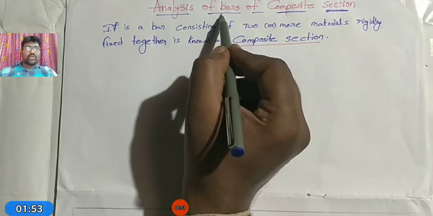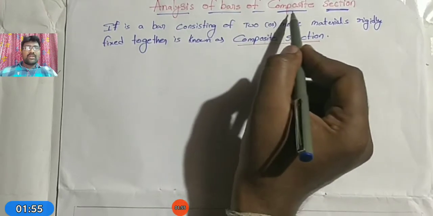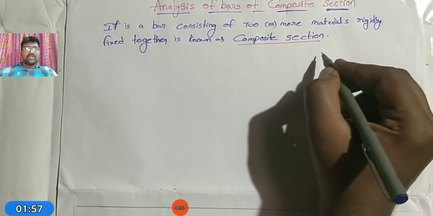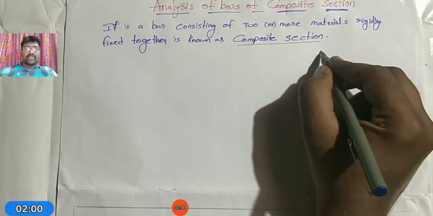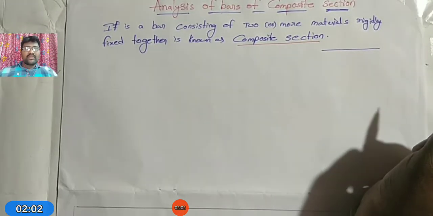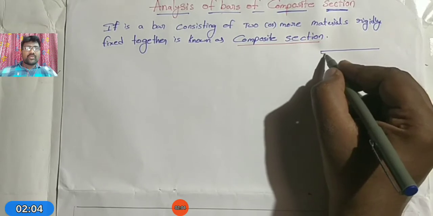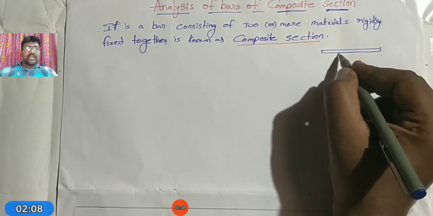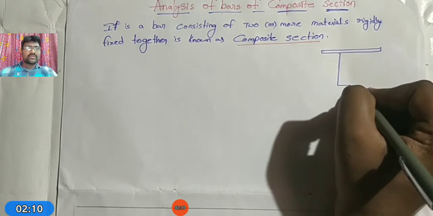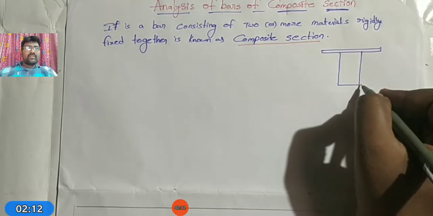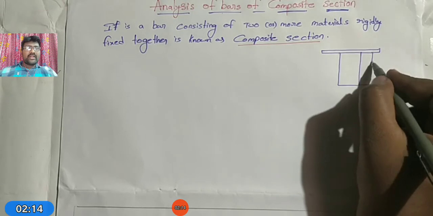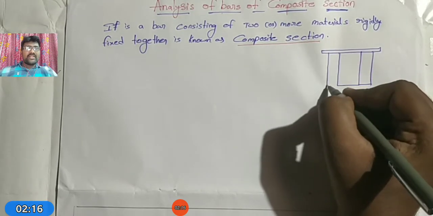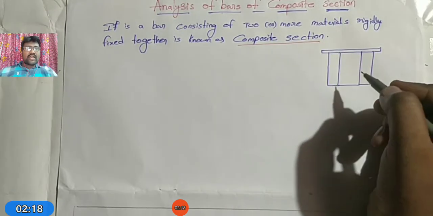Next I am going to analyse bars of composite section. First I need to draw the composite section. I draw the fixed support, that is the fixed end, and then one material, and the center is a hollow portion.